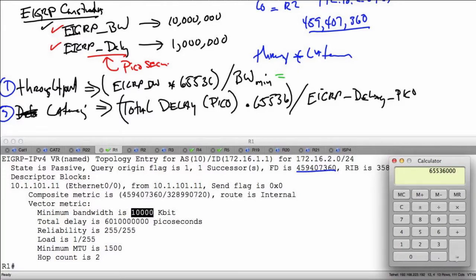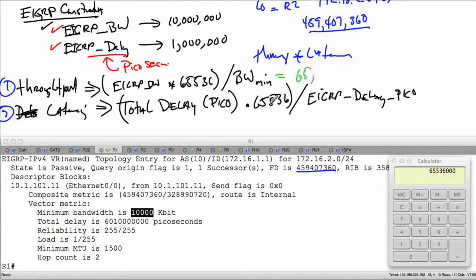I'll write that in here. That value is 65,536,000. Now all I want to do is confirm this just to make sure my numbers are right.